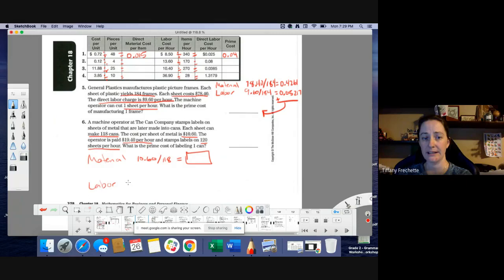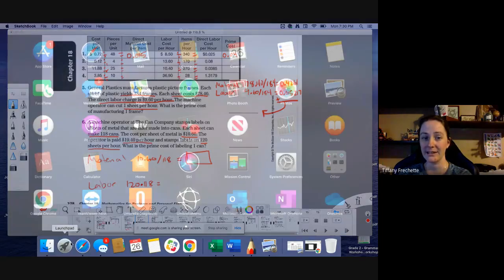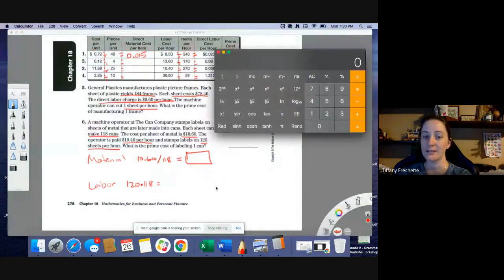Labor: they make $19.40 per hour, and they can stamp 120 sheets per hour. So 120 sheets can make 118 cans. I need to multiply these together to figure out how many cans. I think this is a little bit of a mistake here because the book doesn't do this step, but I'm going to go ahead and do it.